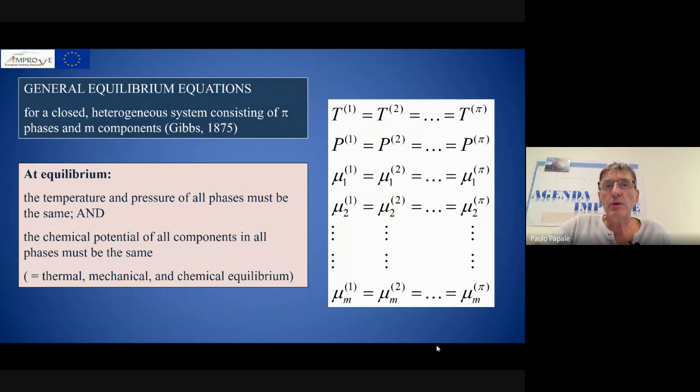Therefore, the principle that the chemical potential must be the same in all phases translates into equality of the chemical potential of each component in all phases. Accordingly, this is how we write the general equilibrium equations. Here you see them for a system made of pi phases, indicated at the exponents, such as the liquid phase, the gas phase, and the number of solid phases represented by different crystal species.